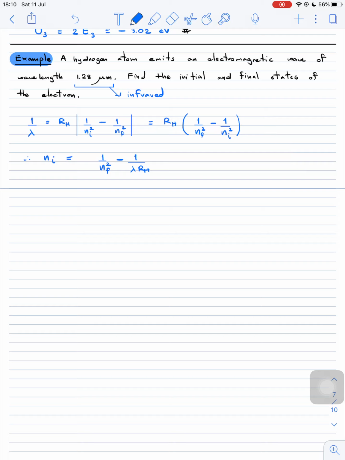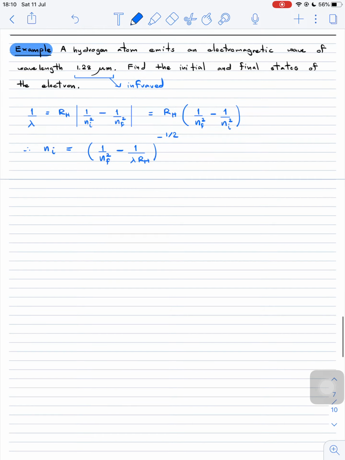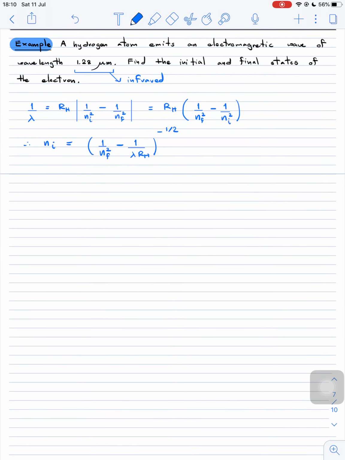On the left hand side we have 1 over Ni squared, but we just want Ni, so it's going to be to the power of negative 1 over 2, and that's it. This is what we get.